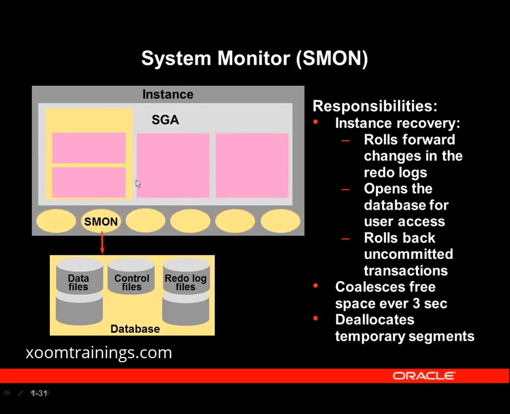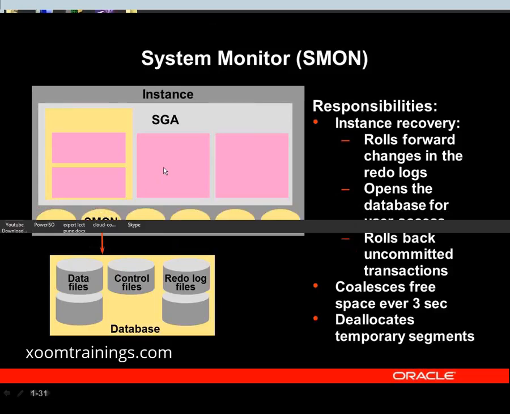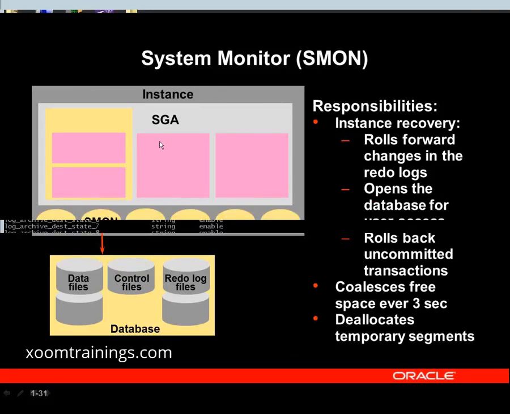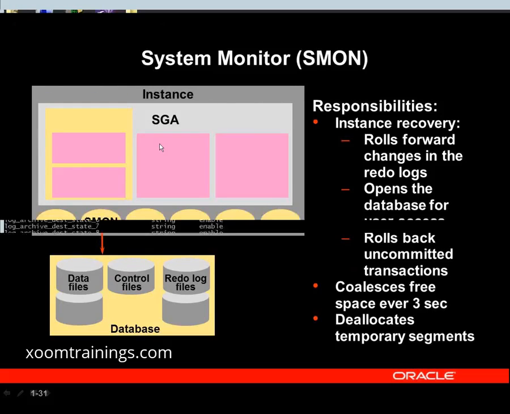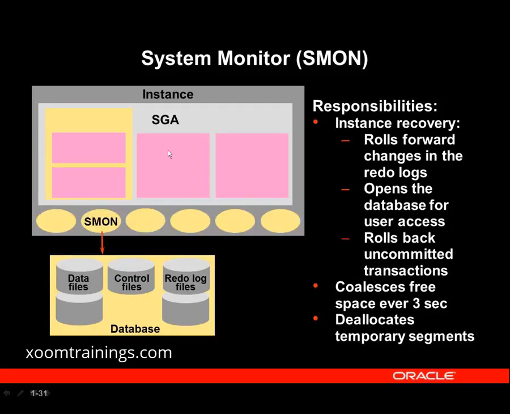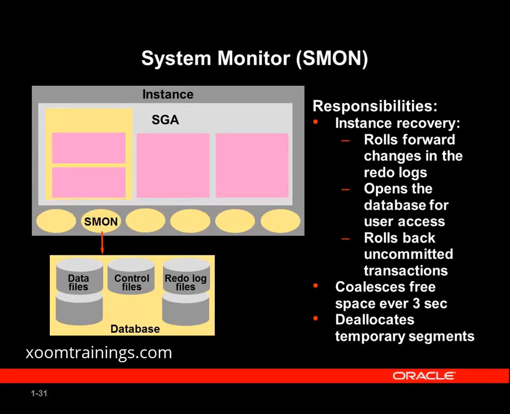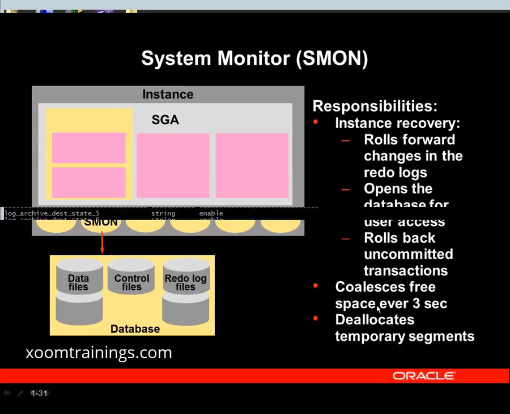In that case, the space should be coalesced. Coalesce means those allocated blocks should be arranged in a systematic manner, sequentially, and the free space should be freed and kept in a separate location. So allocated space will be in a continuous manner, and free space will be in a continuous manner.